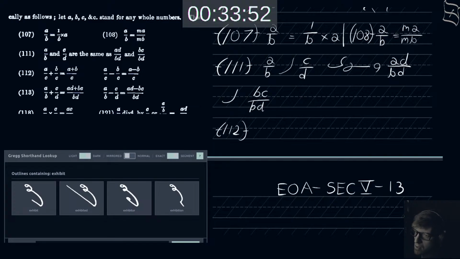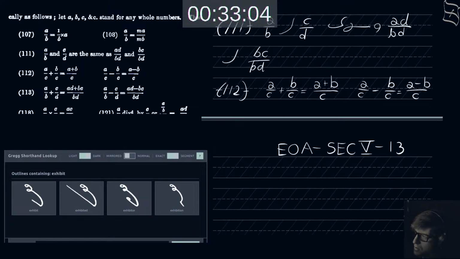Number 12 states that the sum of A over C and B over C is equivalent to the sum of A and B over C. And conversely, A over C minus B over C is the equivalent to the difference between A and B over C.